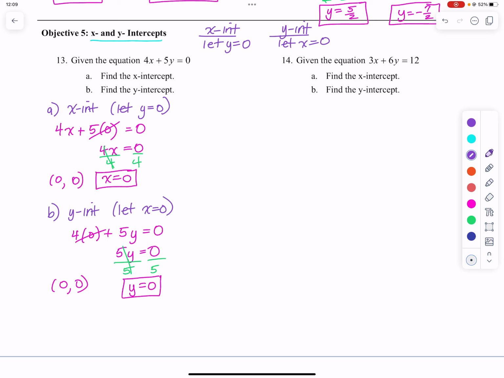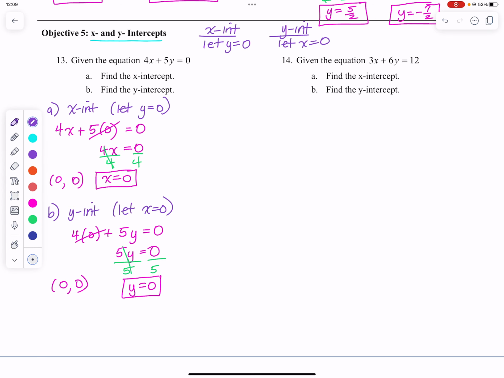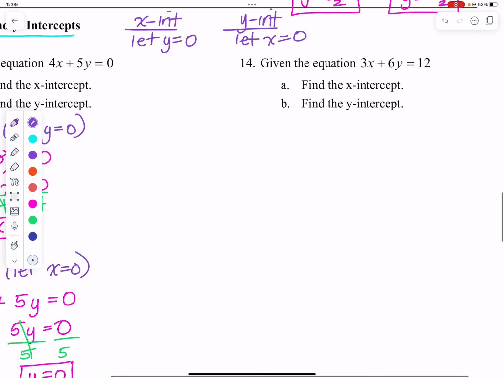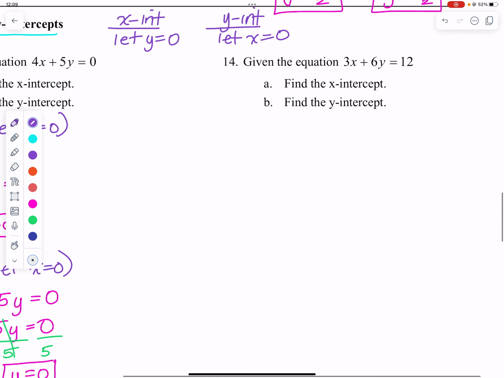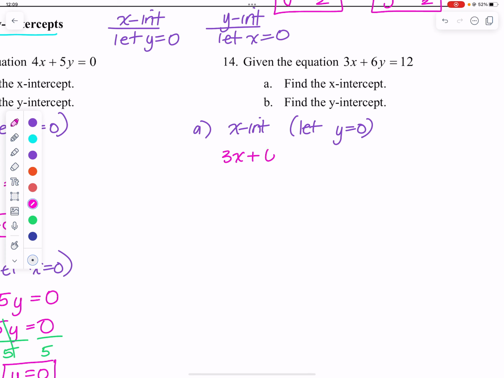Let's do the same thing over here in number 14. In here, we're going to go ahead and first find the x-intercept, and we're going to let y be 0. So we have 3x plus 6 times 0 equals 12.